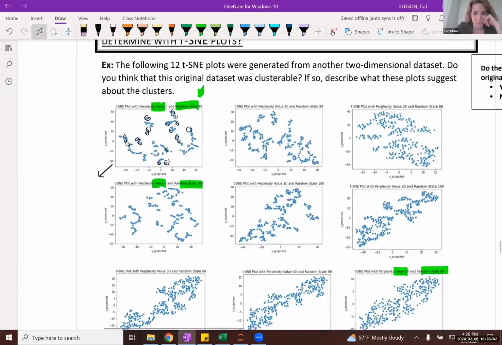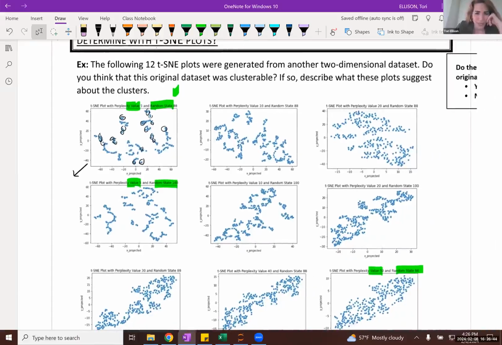And if that was the case, as you increased that perplexity value, unfortunately the algorithm would essentially force a lot of those little mini clusters to get pushed closer and closer together, such that you were unable to really see the separation of those points.